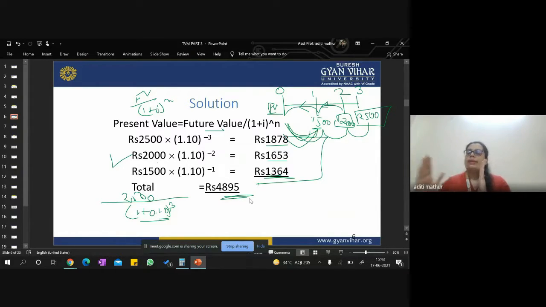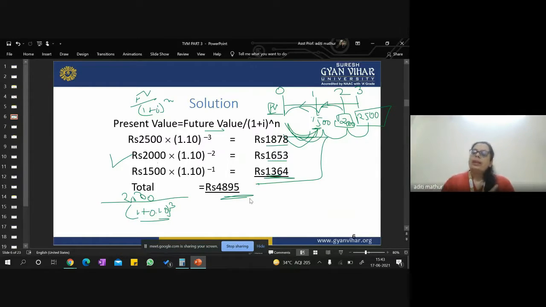So what have you done? Number one, you have created a timeline. You have placed the figures very correctly, because if the placement of the figures is not proper, even if your formula and calculation are correct, the answer will still be wrong. So please be very vigilant while solving these questions. They might sound tricky, but once you practice these types of questions, you will have a good command of the topic.